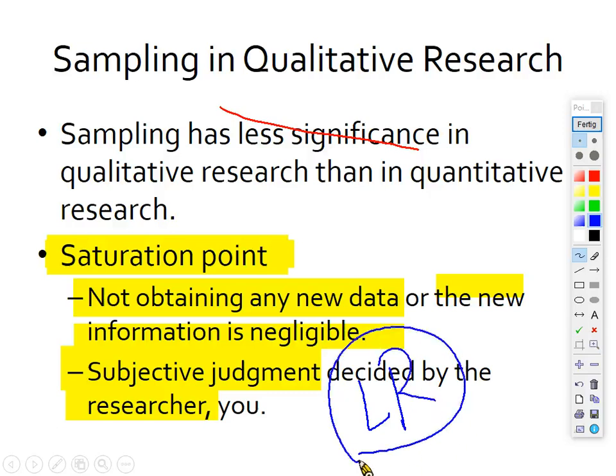For example, with 9,000 students, you can decide to select 500, but you have to provide very good reasons why you select only 500 instead of 1,200. Or why you select 100 instead of 500 or 1,000. You have to explain, so you have to provide your reasons with good evidence from the literature. Okay? The saturation point is something you have to determine by yourself.